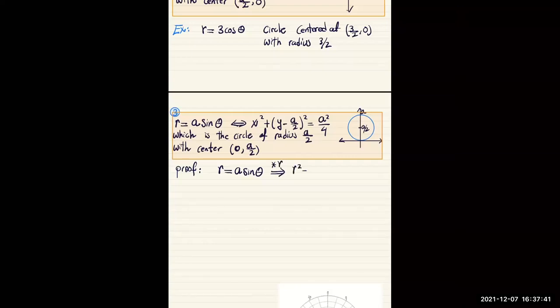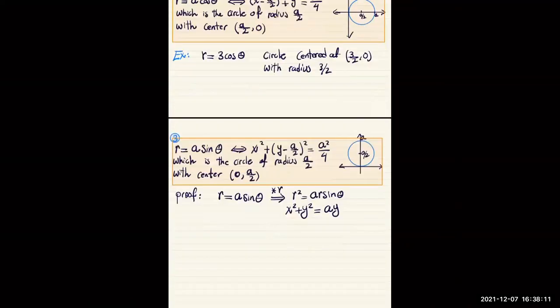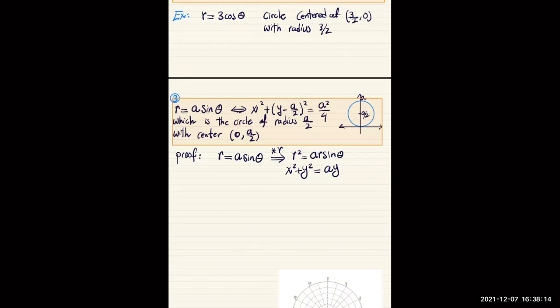You get r squared equal to a r sine theta. r squared is again x squared plus y squared, and we have r sine theta, which by transformation rules is y. So again, circle, you have an a y, meaning that after you complete the square, you're going to move this over, group that with y squared, and do exactly what we did here for the previous example. And you get this equation.